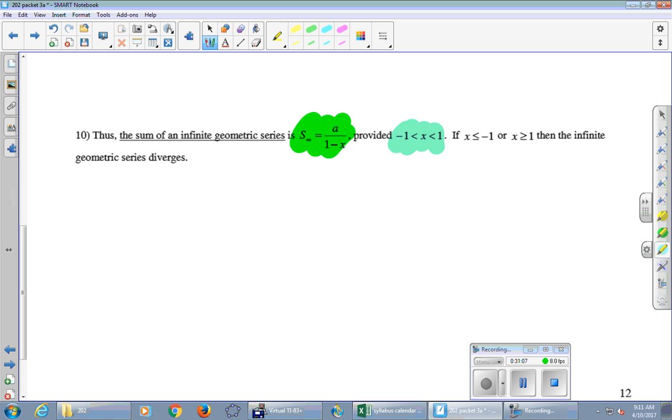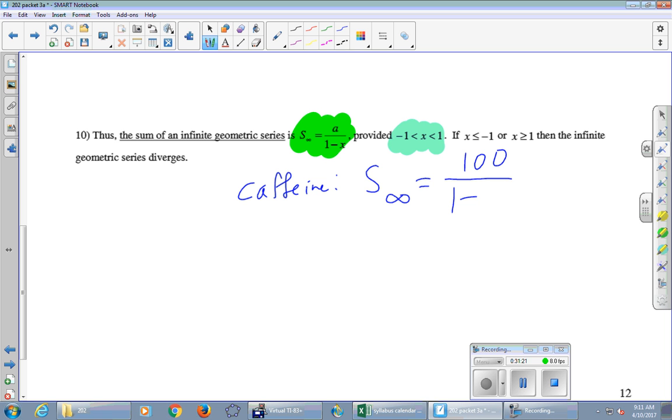So let's just do our last example here with the caffeine. S infinity equals, what was the a for the caffeine, the first term? 100 over 1 minus x, 0.06. 100 over 0.94.